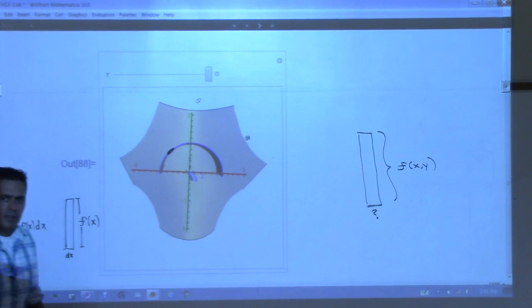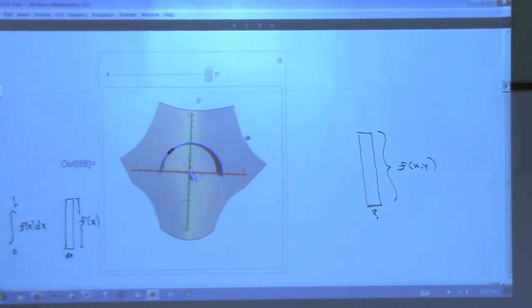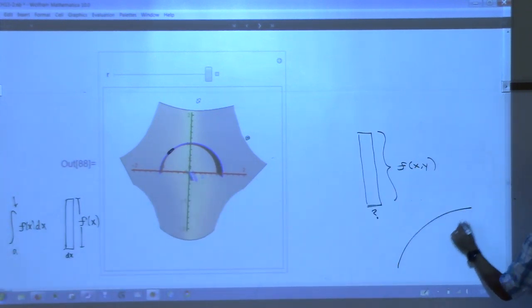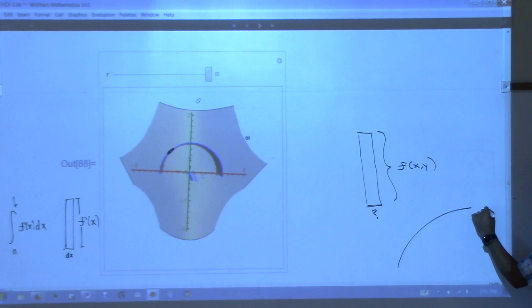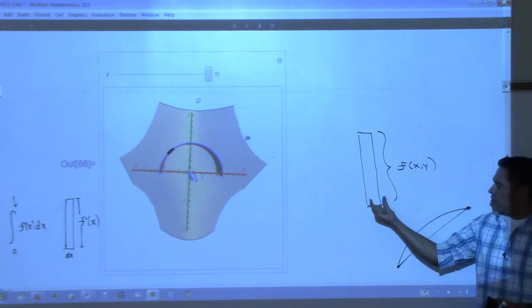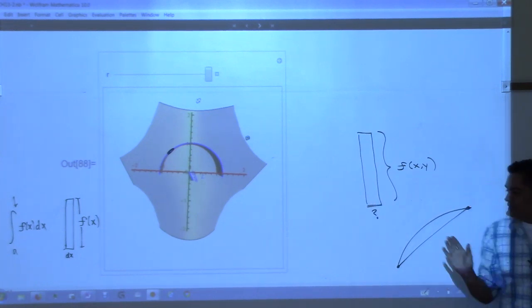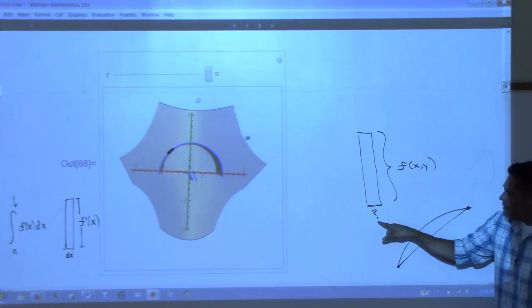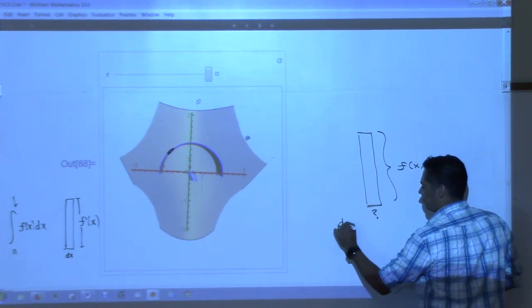And what did we use in Cal 2 whenever we were trying to do something like this? Where maybe we had a curve like that, and we were trying to estimate the length of this curve. We would estimate it with a straight line segment. And then as these rectangles get smaller, right, this straight line basically approaches the curve. This was arc length. That's what we used, arc length. So this right here is not going to be dx.